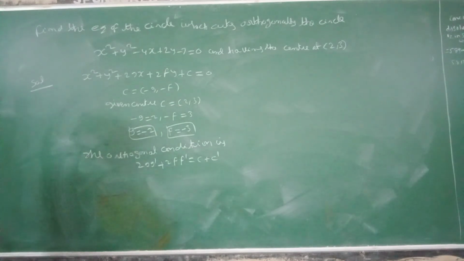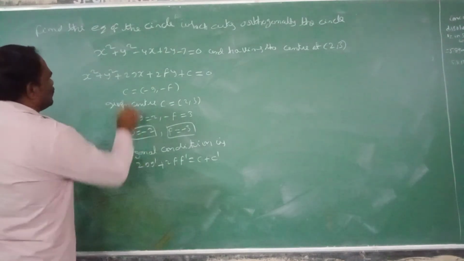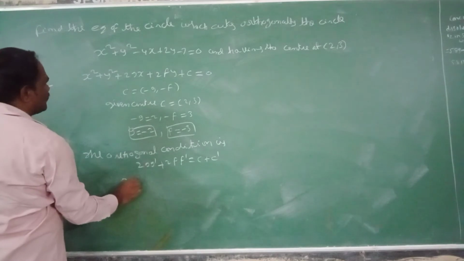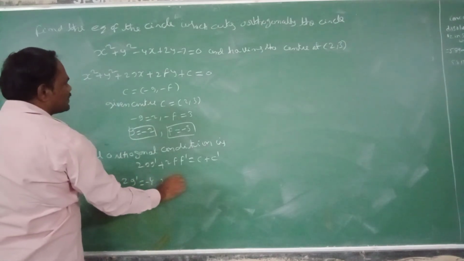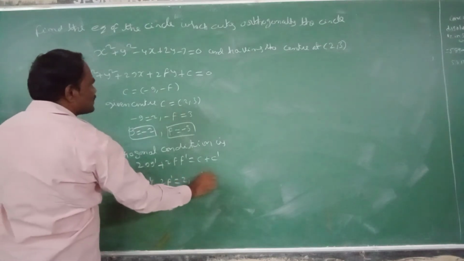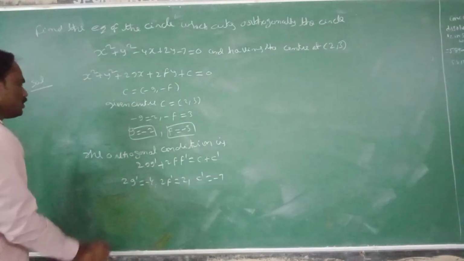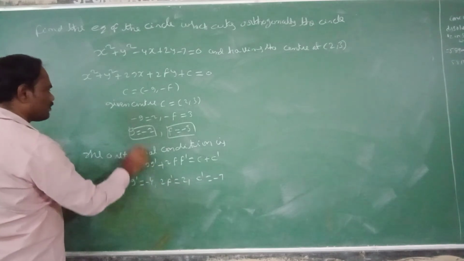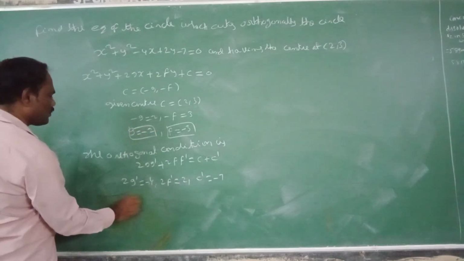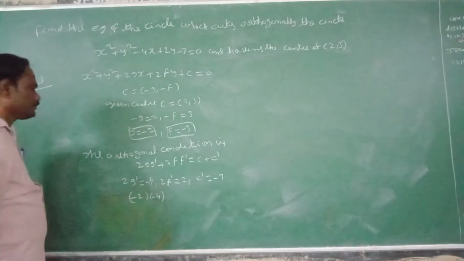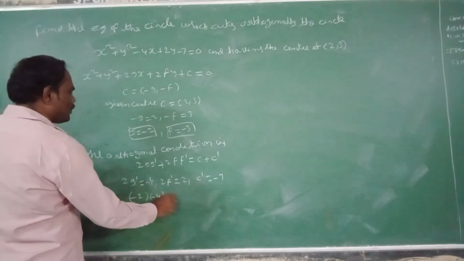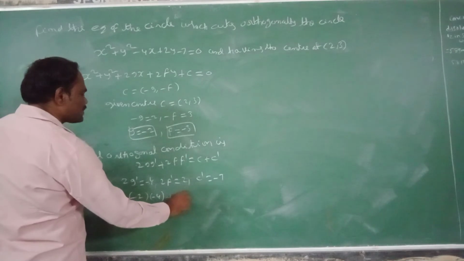So 2g dash is equal to minus 4, g dash is equal to minus 2, 2f dash is equal to 2, f dash is equal to 1, c dash is equal to minus 7.